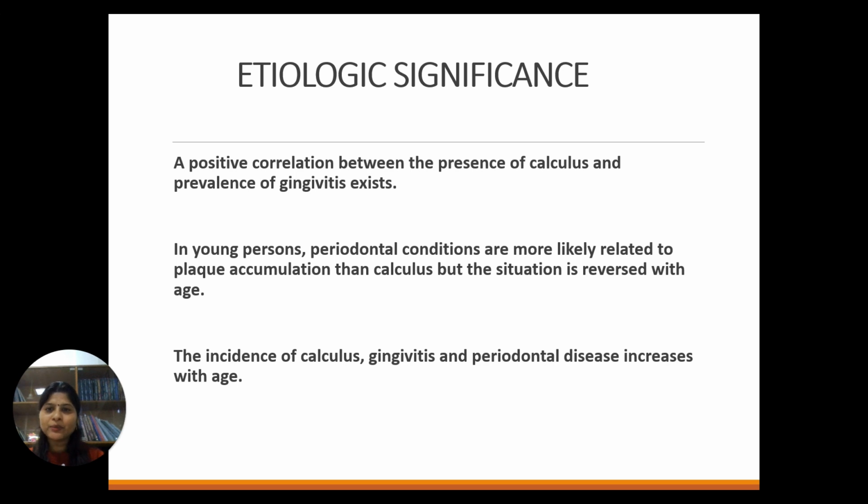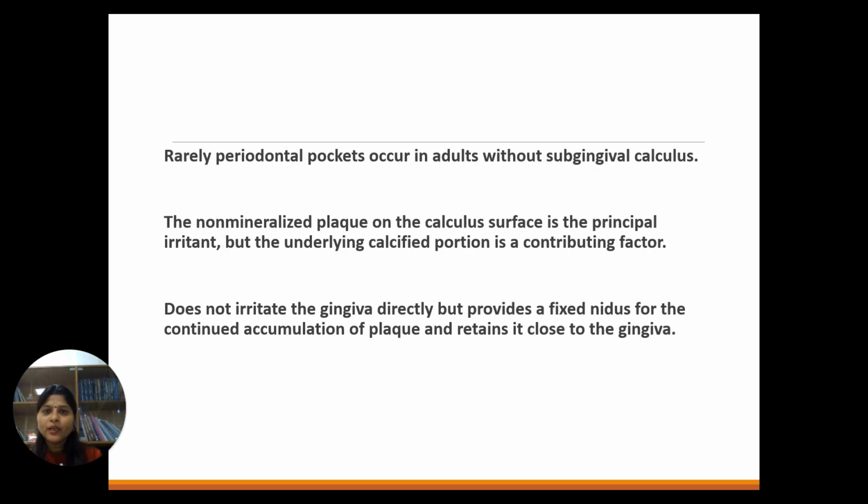It is seen in young patients that periodontal conditions are more likely related to plaque accumulation than calculus, but the situation is reversed with age. The incidence of calculus, gingivitis and periodontal disease is seen to increase with age. Rarely do periodontal pockets occur in adults without subgingival calculus. Subgingival calculus is very important for pockets to develop.